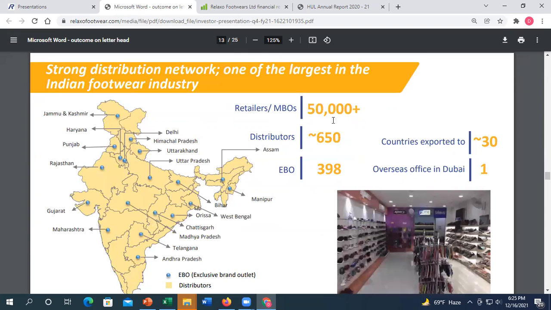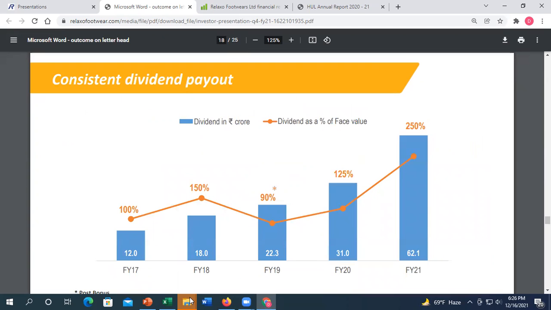So they have about 50,000 retailers and 650 distributors all over the country. They export to about 30 countries, and they also have an overseas presence in Dubai. We can see that they are able to pay consistent dividends.